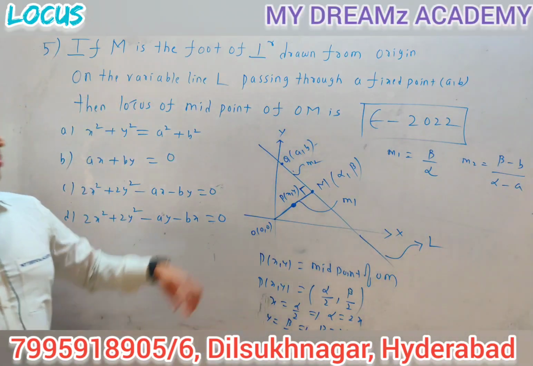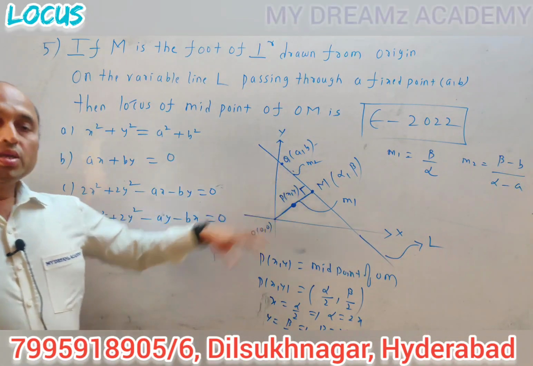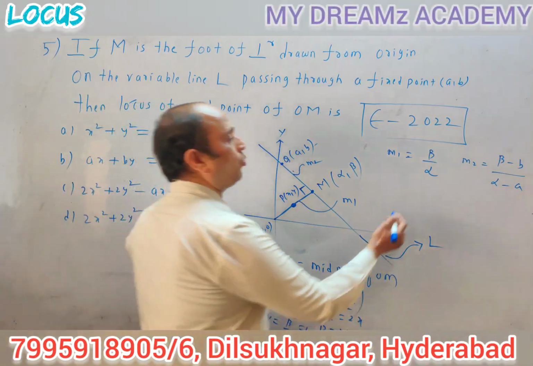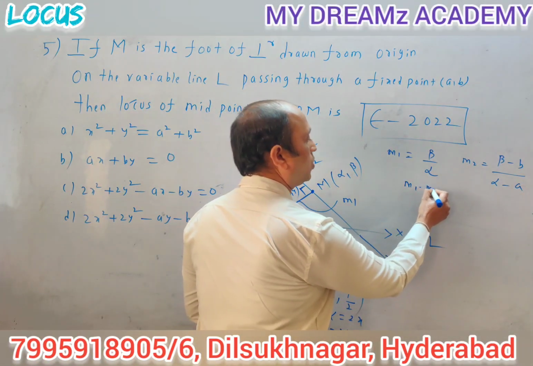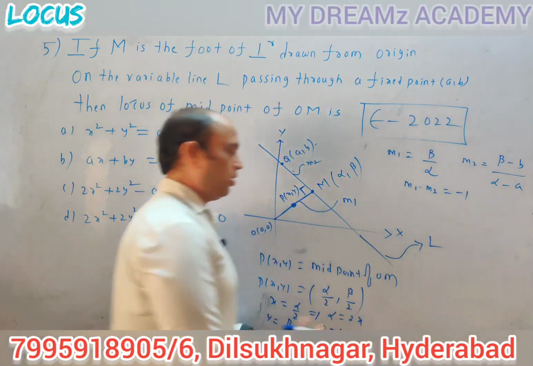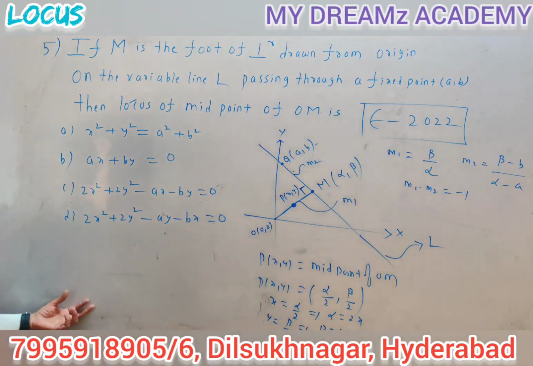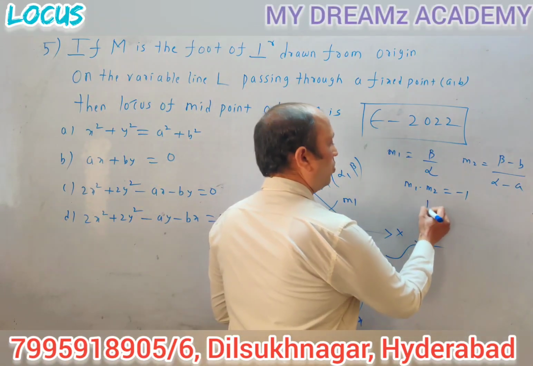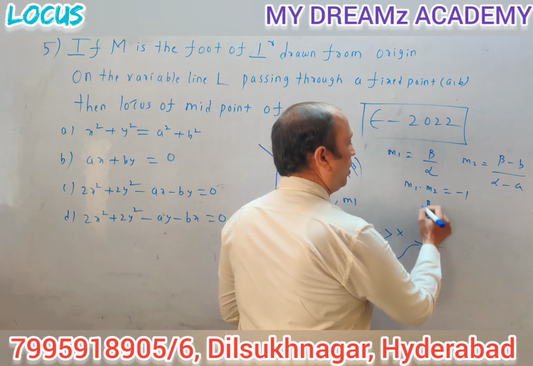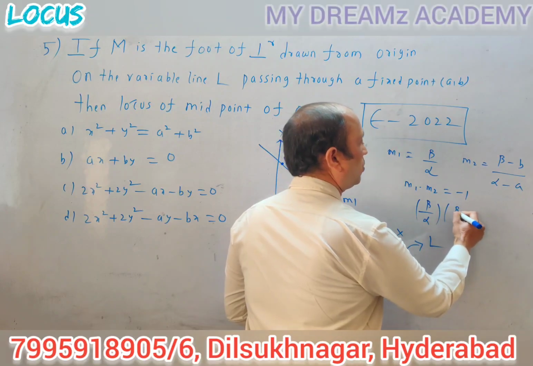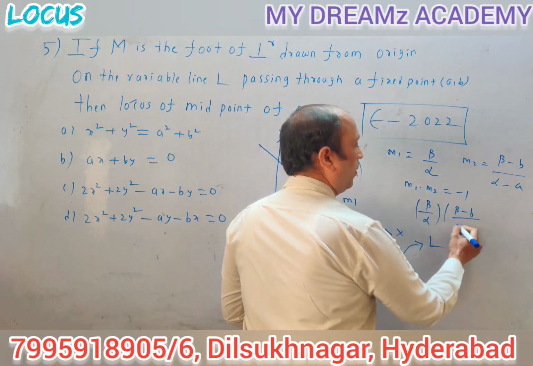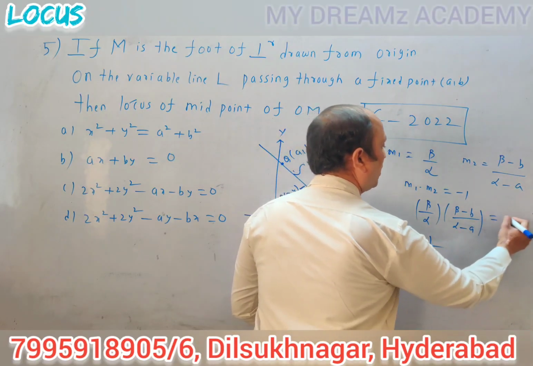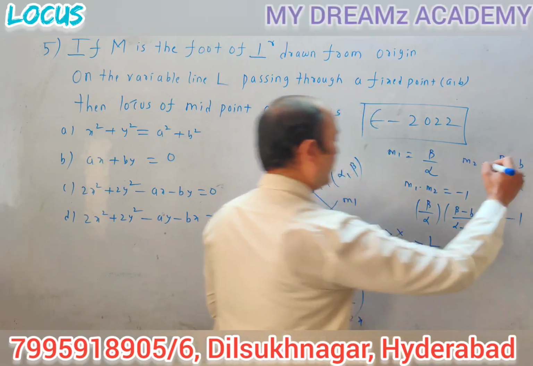Already we know that if two lines are perpendicular, the product of their slopes is equal to -1. So beta by alpha into beta minus b by alpha minus a equal to -1.